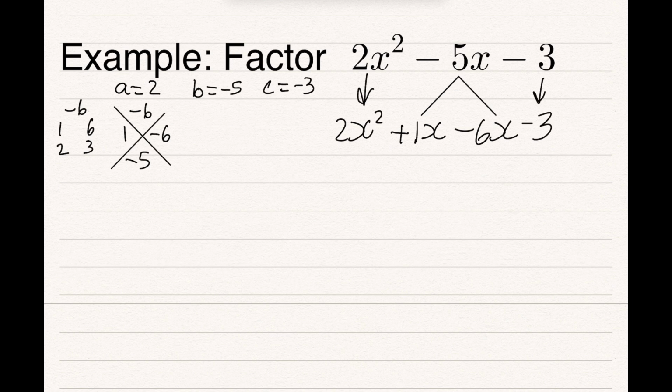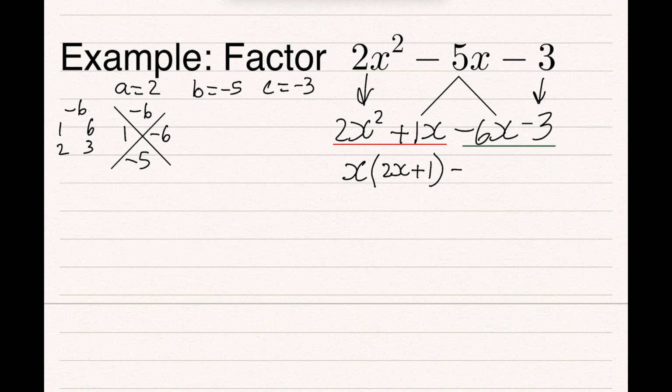And now we're going to work through it the same way we did before. We take the value out front and say, what can we take out of these? They both have an x. So if I take an x out of both, 2x squared divided by x is 2x, and 1x divided by x is 1.